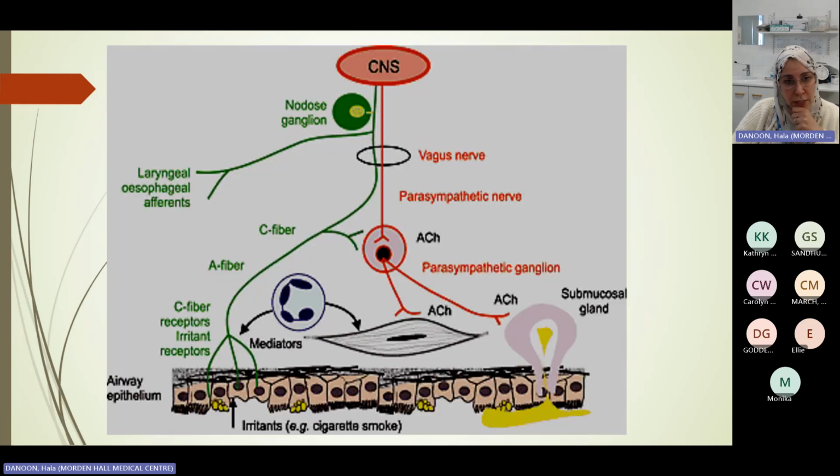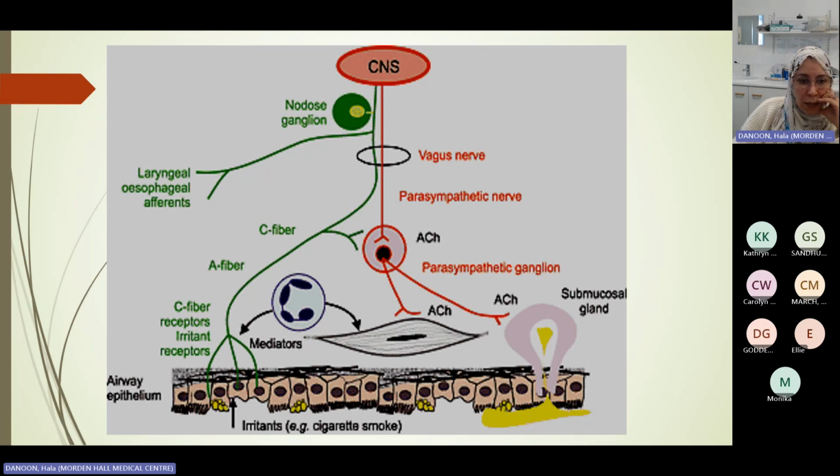To make more sense of this, the bottom of the slide shows you the epithelium of the lungs. As you can see, there is some cilia, there is some mucus, and there are irritants because of the cigarettes. It has no cilia on the epithelial cells. There is smooth muscle that's affecting the contraction of the lungs, and it's all connected to the CNS and to the ganglion.